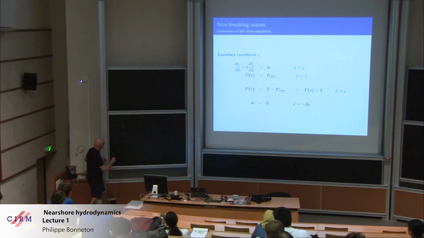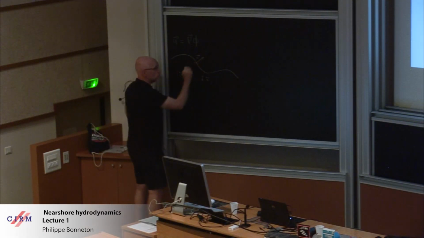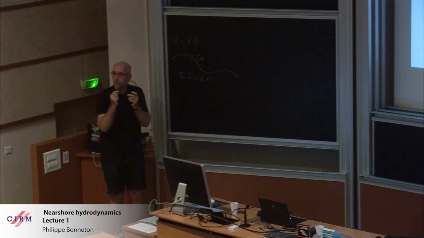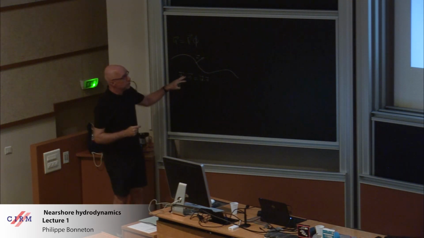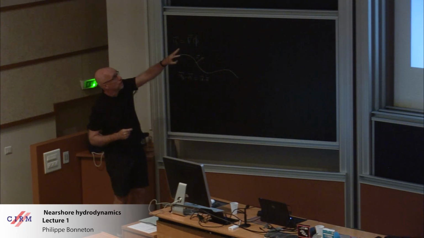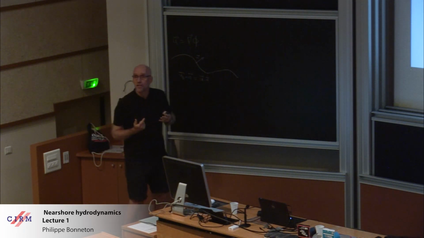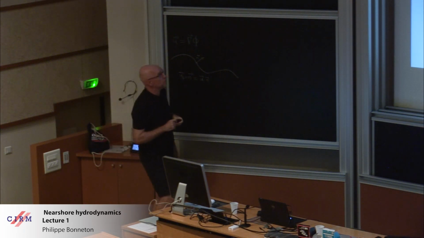Otherwise, if this equation is not verified, you can have fragmentation of the free surface. And from this physical assumption, you can derive the first equation, which is named the kinematic equation.